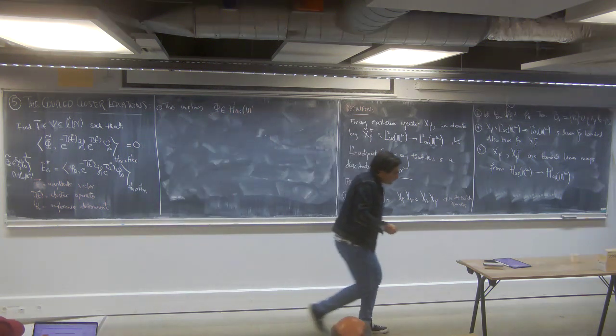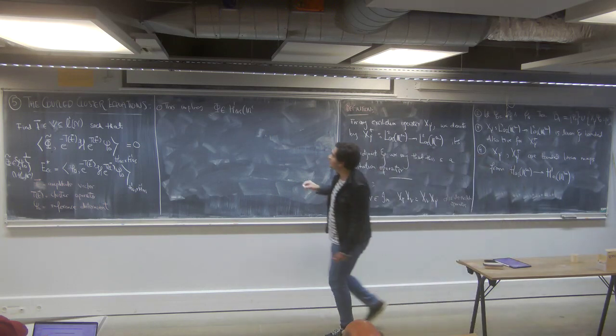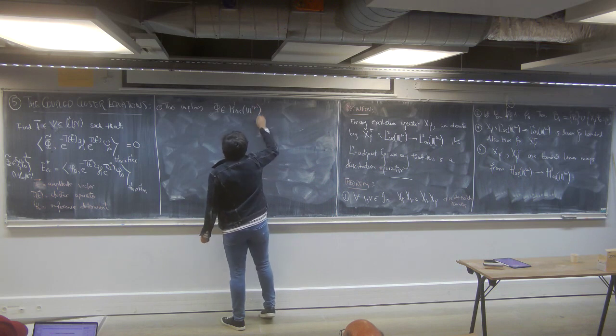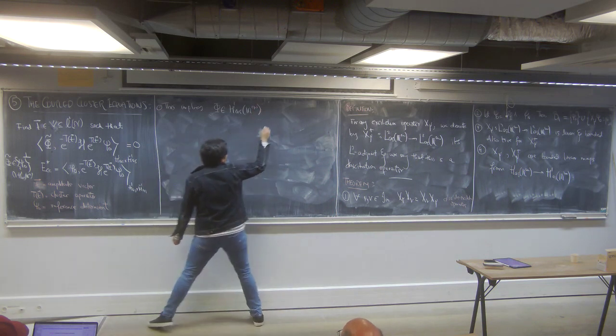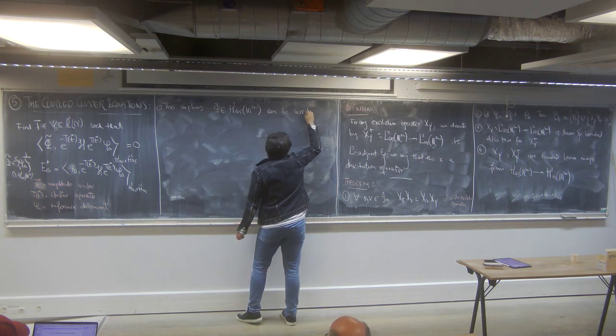Actually, did I write H1 antisymmetric R3n? Yeah, okay, let me write it this way and then I'll see if anyone complains. Can be written in the following form.